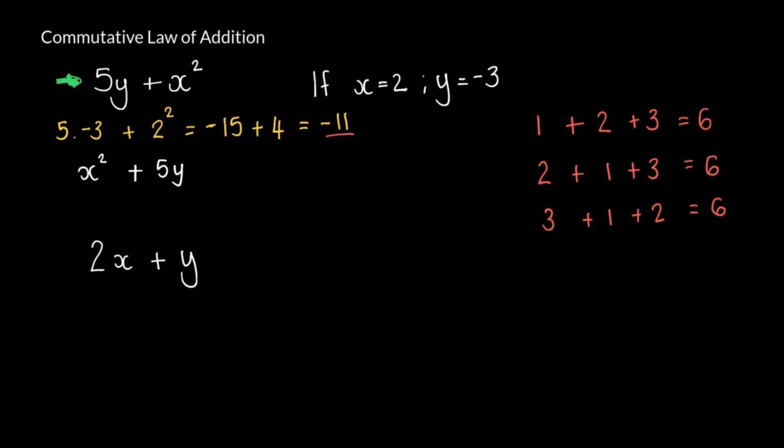Okay, so x squared, we know x is equal to 2, so we're going to get 2 squared plus 5 multiplied by y, that'll be 5 multiplied by -3, and that's going to give us 2 squared is 4, and 5 multiplied by -3, that's -15. And 4 minus 15 does indeed give us -11.